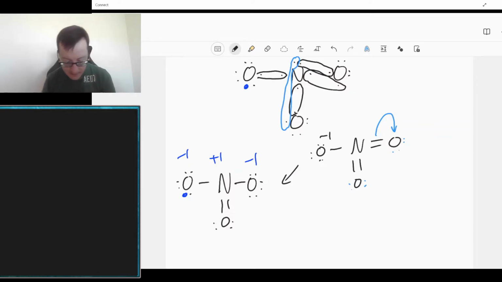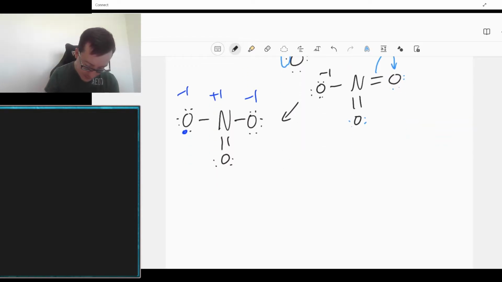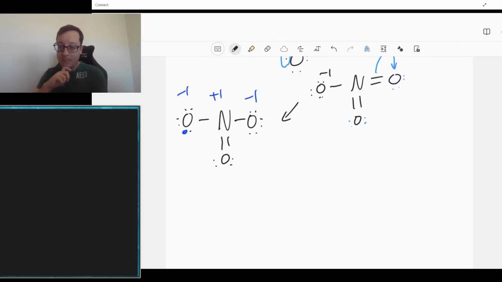Alrighty, so there we go. There's our nitrate structure. Let's talk now about some stuff we can do with these Lewis structures. We're going to see that next week we're going to talk about shapes and polarity that are associated with these Lewis structures. So these Lewis structures are 2-dimensional, just ways of conceptualizing how molecules look. And we're going to see that in reality, there are geometries associated with these things.